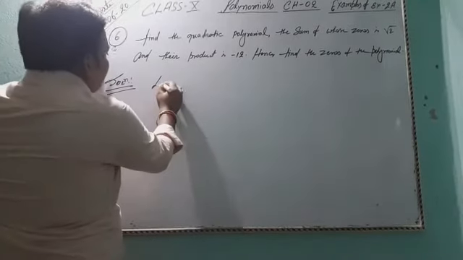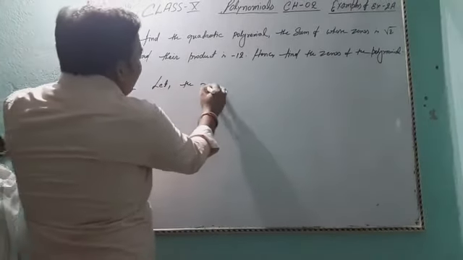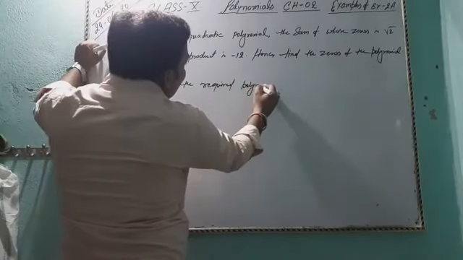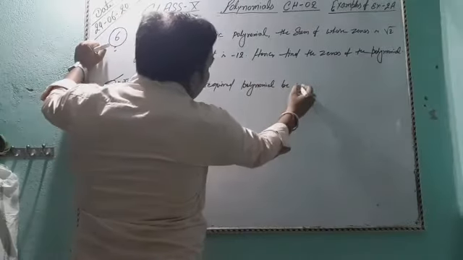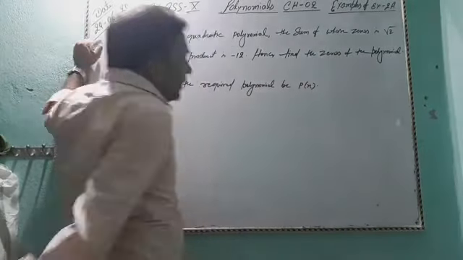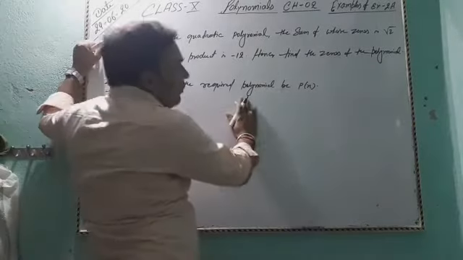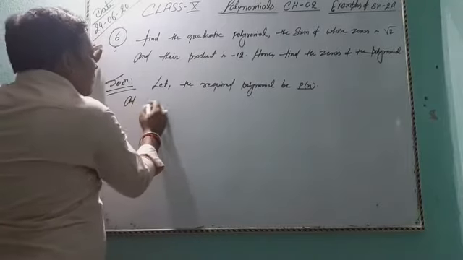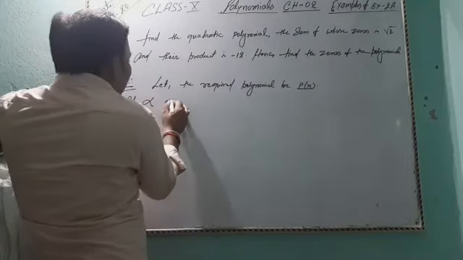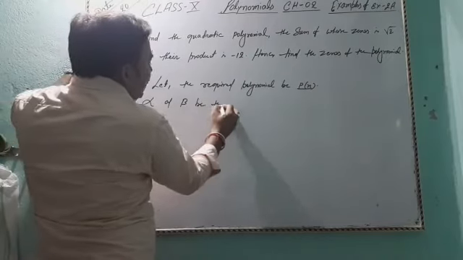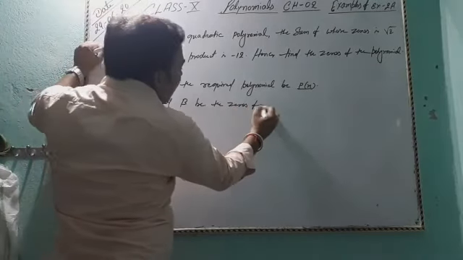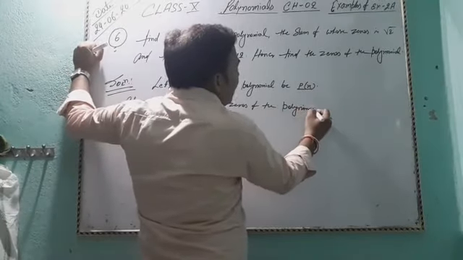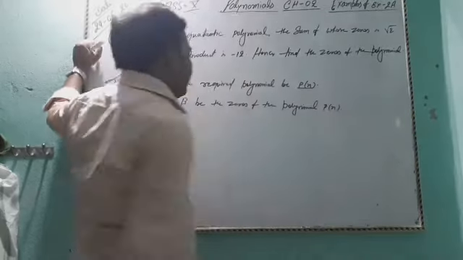Let the required polynomial be Px, and alpha and beta be the zeros of the polynomial Px.